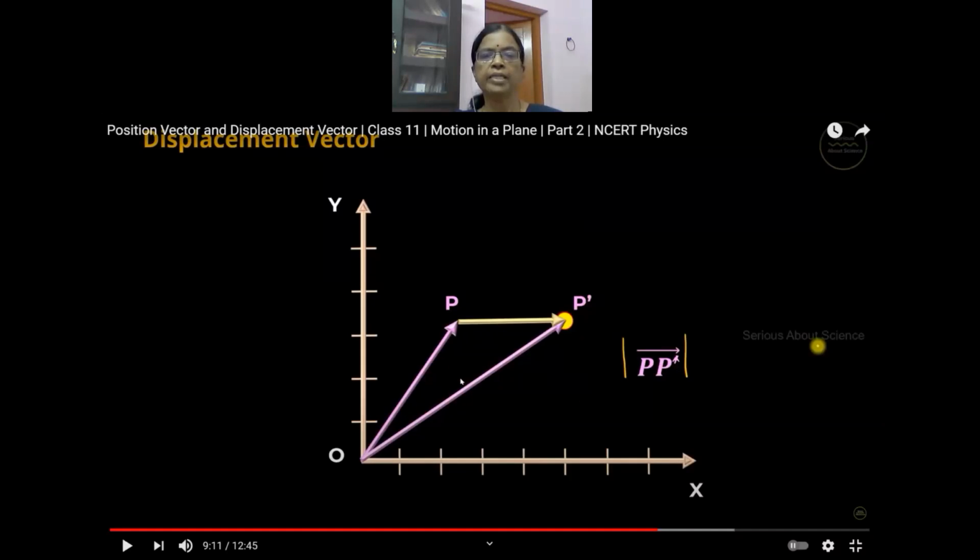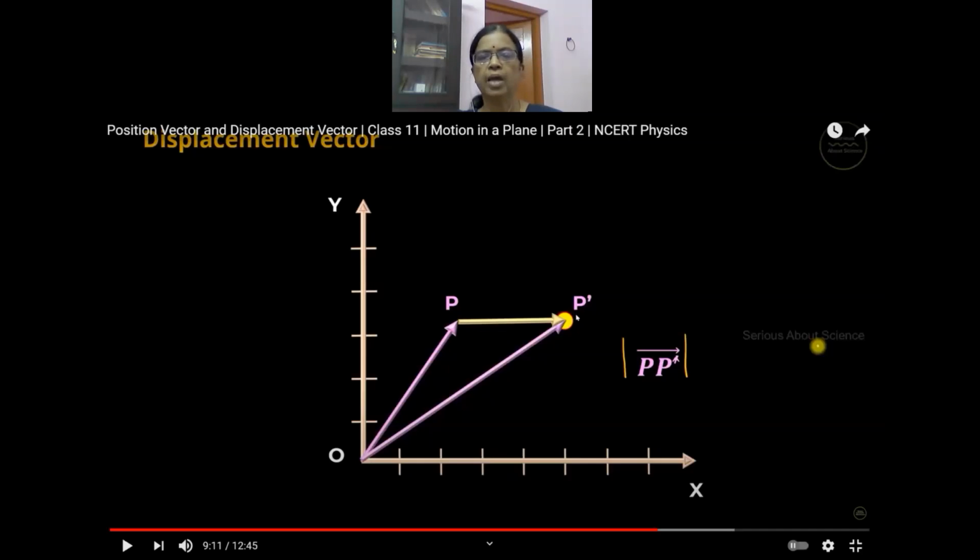Now let me explain. Here you see, initially the body is at P. So its position vector we have drawn from the origin. We have drawn a straight line and put an arrow mark here. That is the initial position vector. Then the body moved. It can move through any path and reach the point P dash.